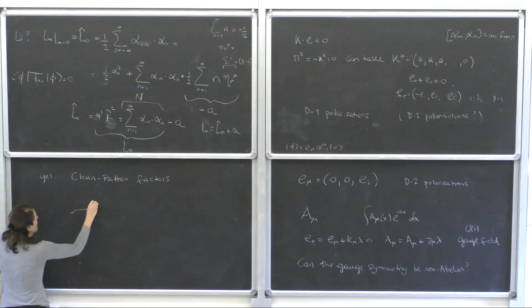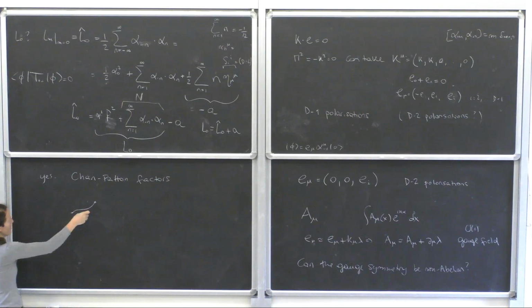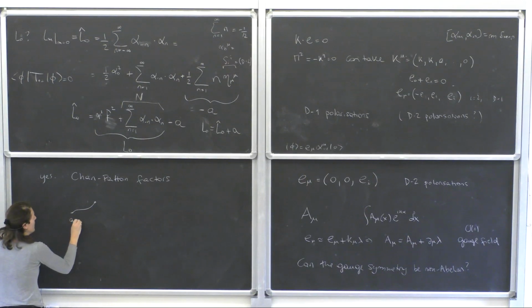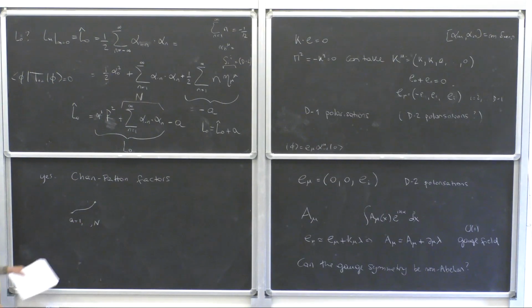And these are, so this is an open string. At its endpoints, I can assign some degree of freedom that goes from 1 to, let's say, some number n. This n has nothing to do with the level, right? This is some n.